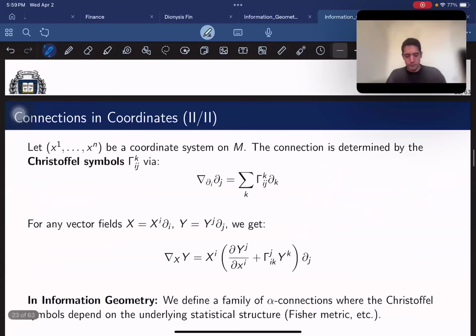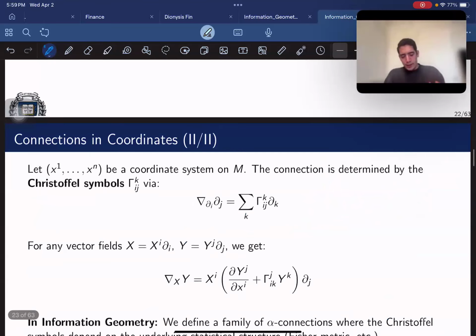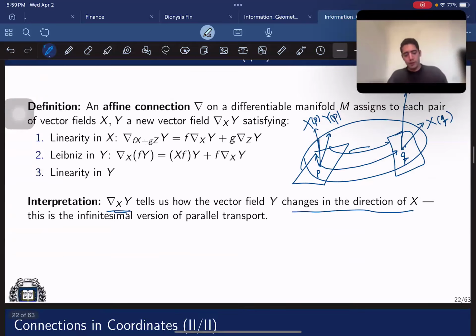So, as you remember, if I can define my connection on the basis, like consider you want to define a linear function, all you need to do is to find its image over the basis you have, because affine connections are linear functions, as I have mentioned here.